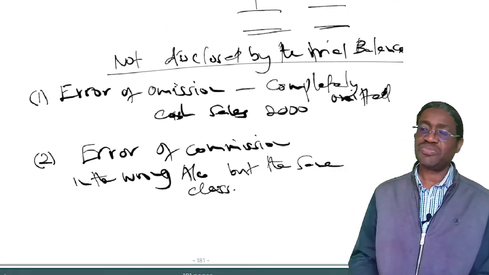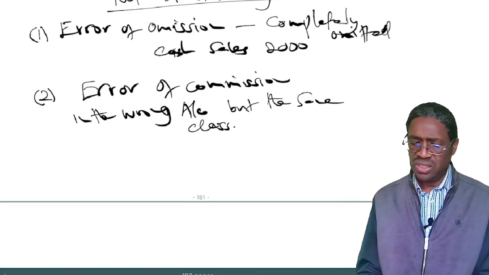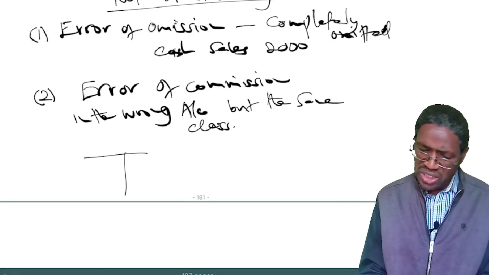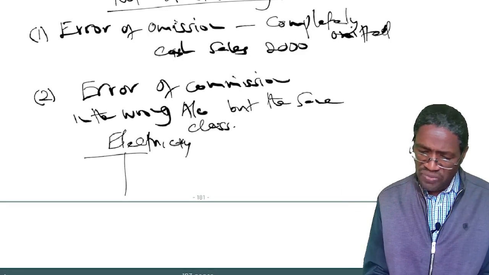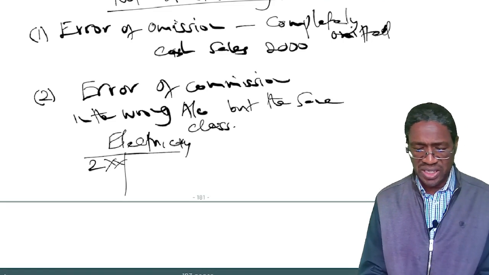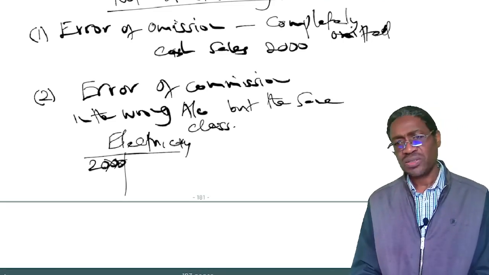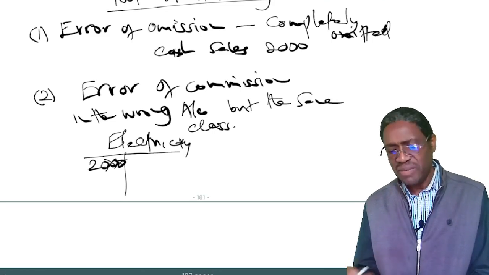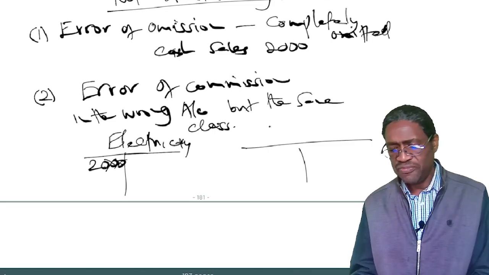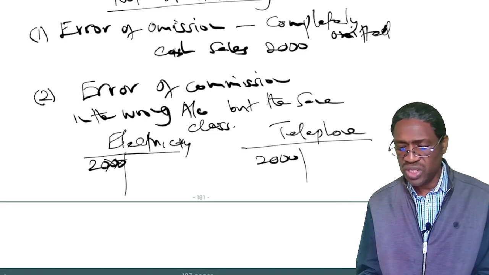For example, when you pay electricity, you're supposed to debit electricity account. That's obvious. Maybe by 2000, whatever it is. What if your company forgot and debited telephone account by the same 2000?